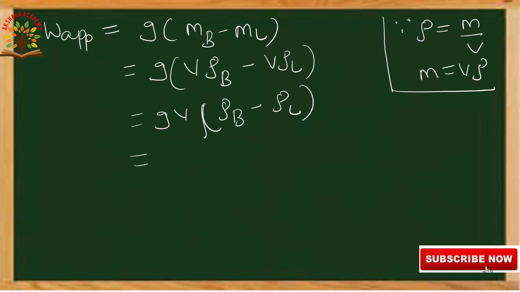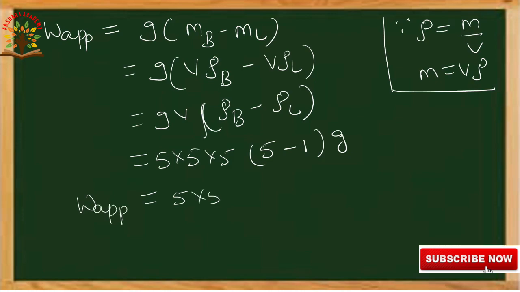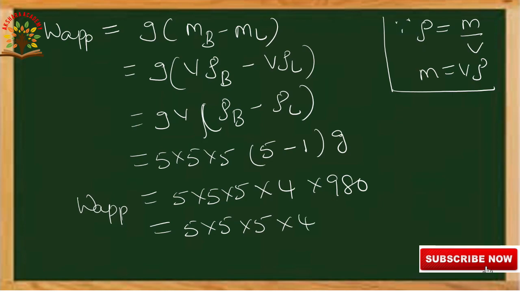Now we are substituting the values. V is given as 5 into 5 into 5, times (5 minus 1), that is rho B minus rho L, times g. So apparent weight is equal to 5 into 5 into 5 into 4 times g. The g value is 980 in terms of dynes, or this complete expression can be written as 5 into 5 into 5 into 4 gram weight.